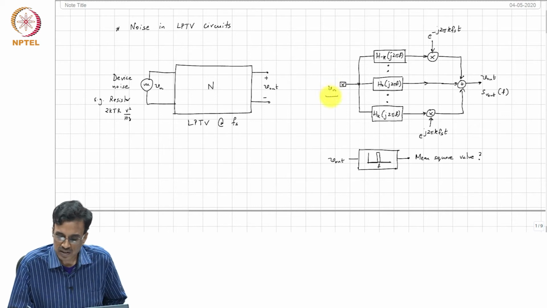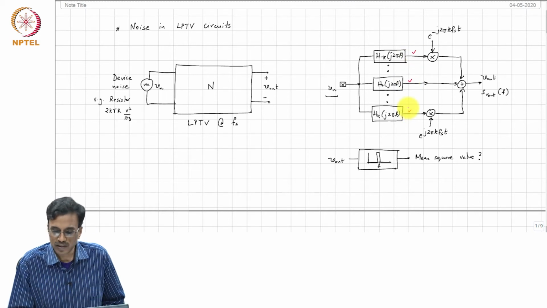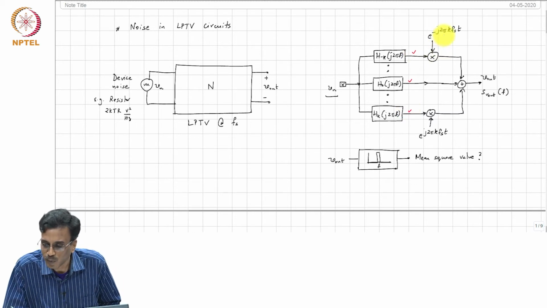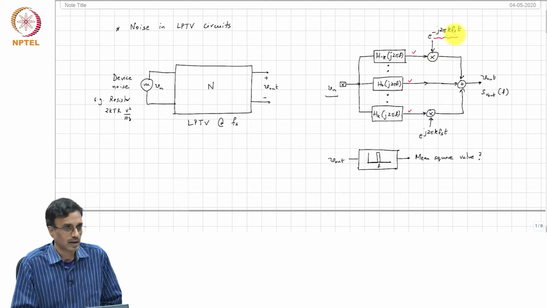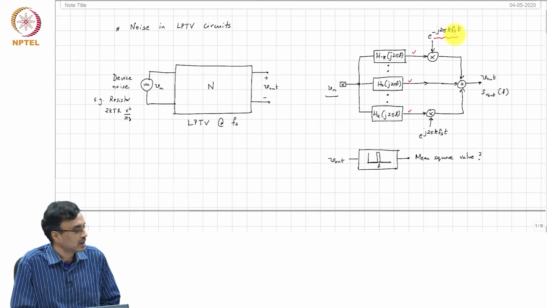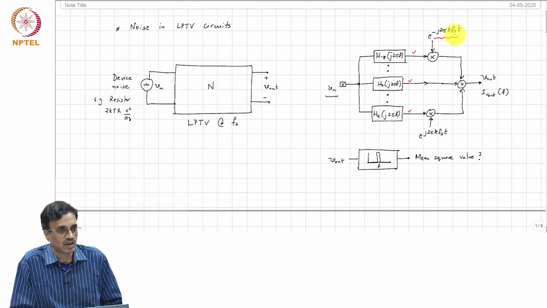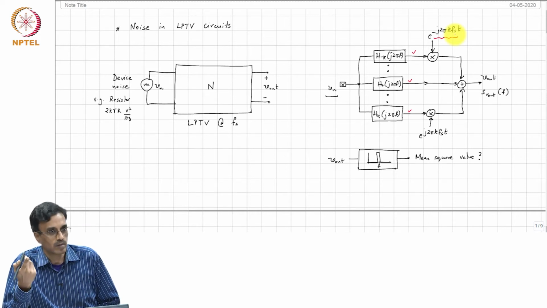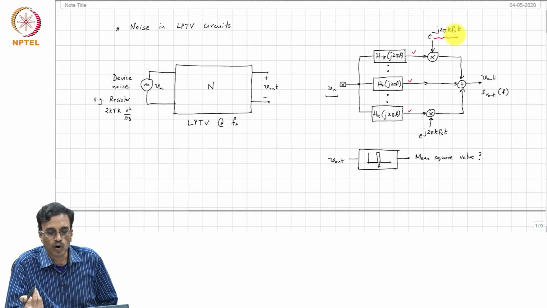So, if Vn is stationary, then in this block diagram all the noise at these points is stationary. However, when you take this noise and multiply it by a sine wave, then the noise no longer becomes stationary. Because at some point in time, let us say the cosine is 0, then however much noise you have at the input, the output is 0.